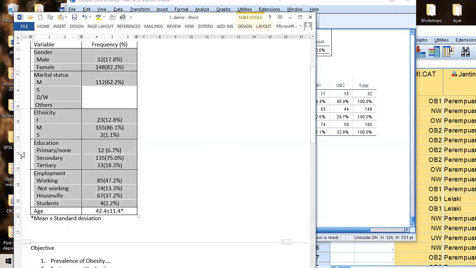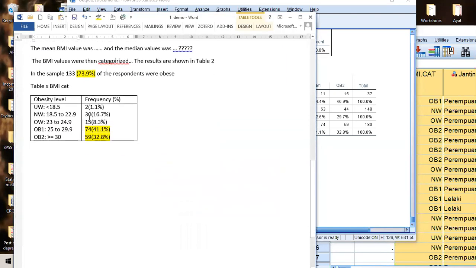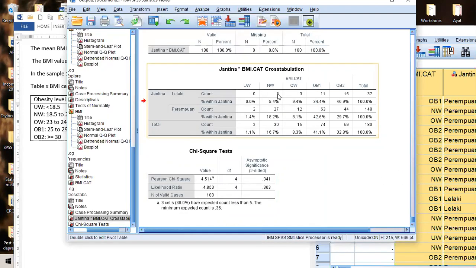Now, before I continue, the numbers here being small, right? Only 2 here, 30 here. Is it okay we combine these two together as obese? The sample size is very small. See, a lot of zeros here, small numbers and zeros here.